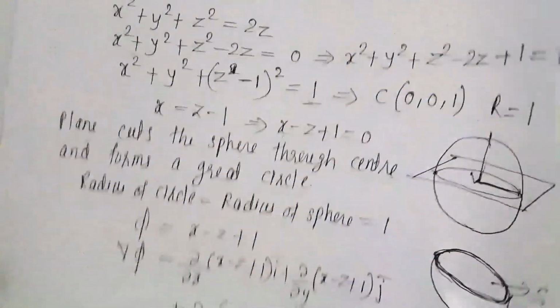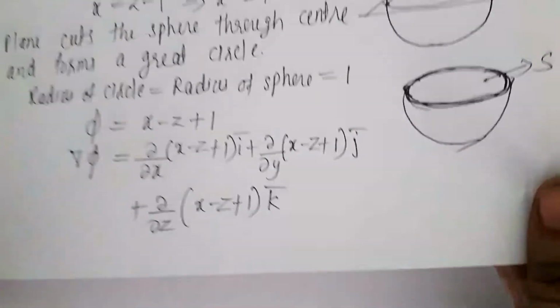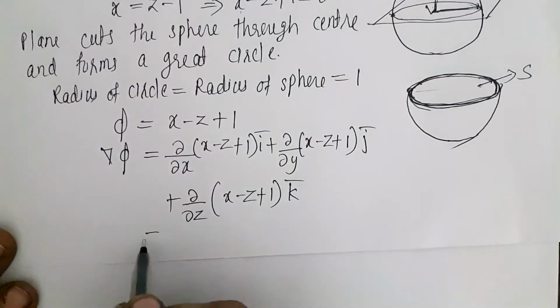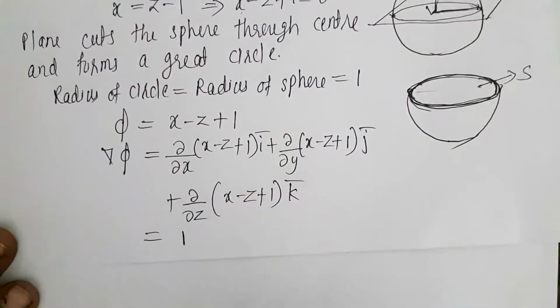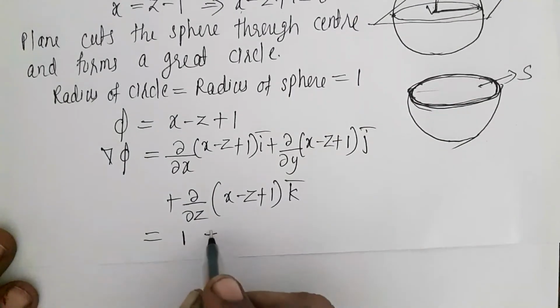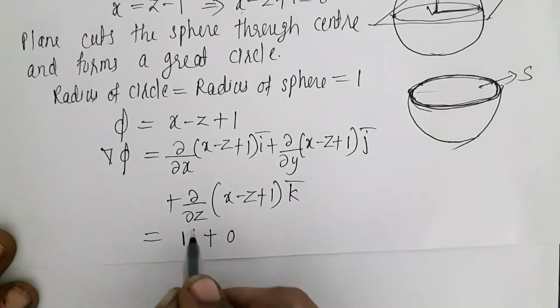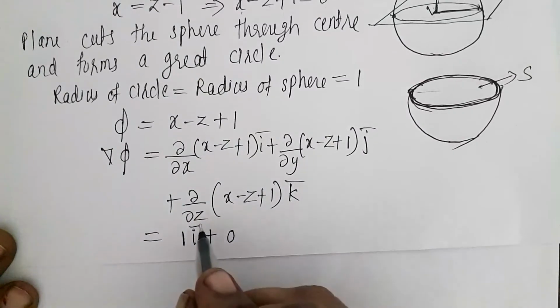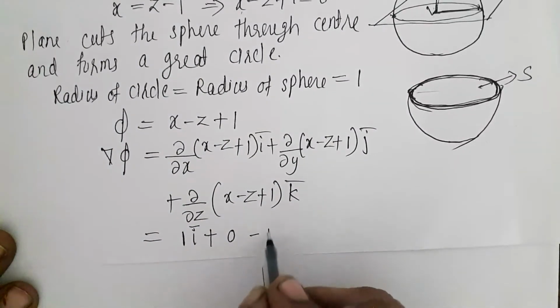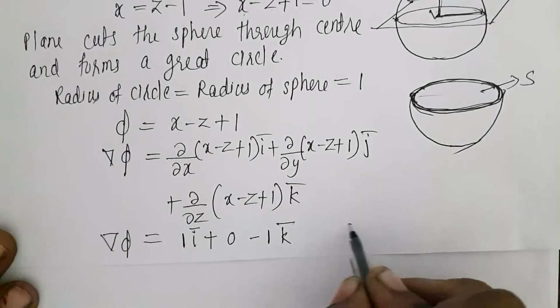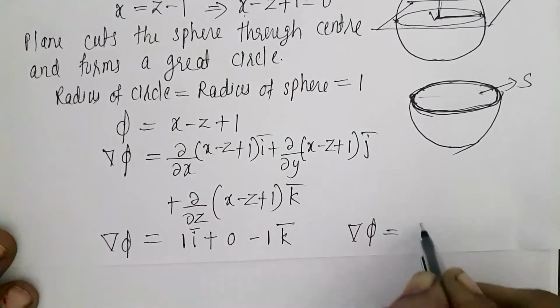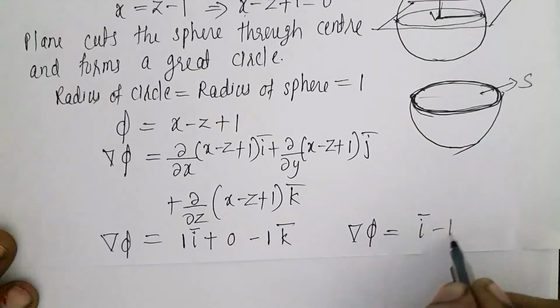Now find out del by del x, del by del y and del by del z. Derivative with respect to x is 1, derivative with respect to y is 0 times j, and derivative with respect to z is minus 1 multiplied by k. So the gradient of phi is equal to i minus k.